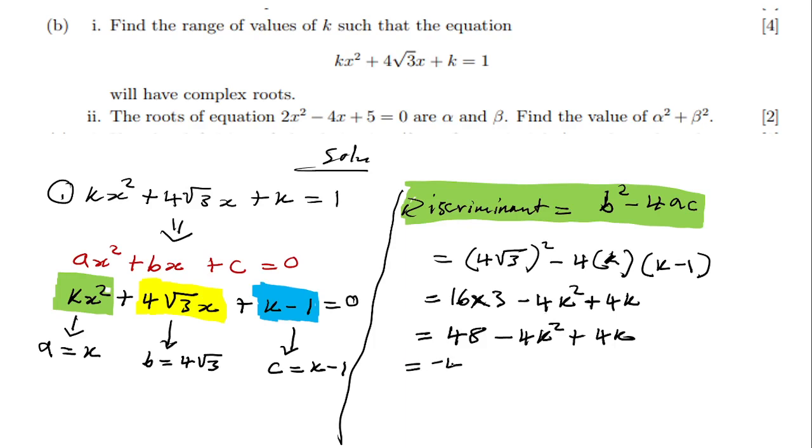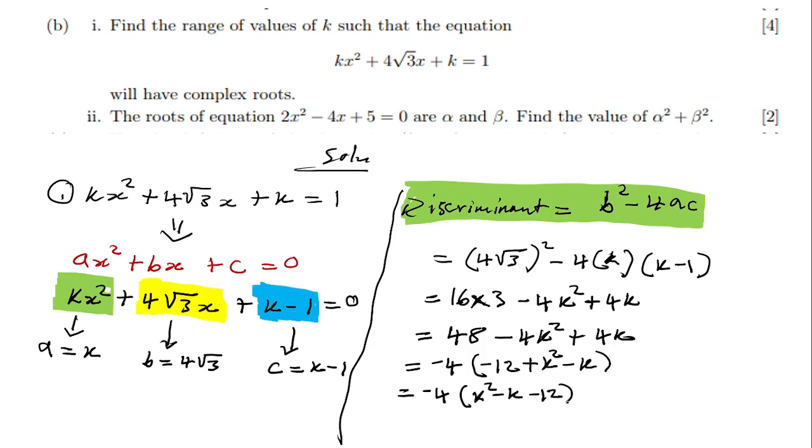If I factorize -4 like that, I'm going to have here, this will be -12, and then this will be positive k squared, and then this will be -k. So I can rearrange them by saying -4, and then open bracket, k squared minus k, and then minus 12.